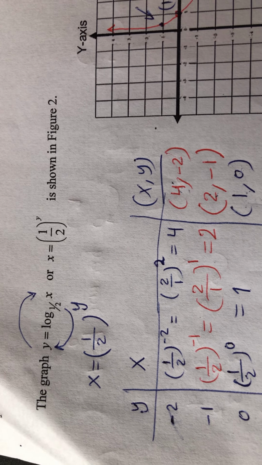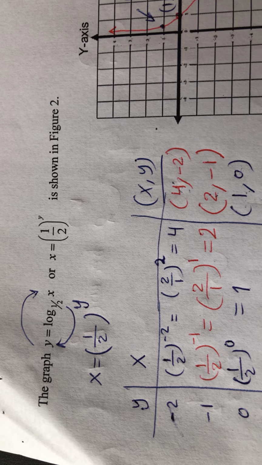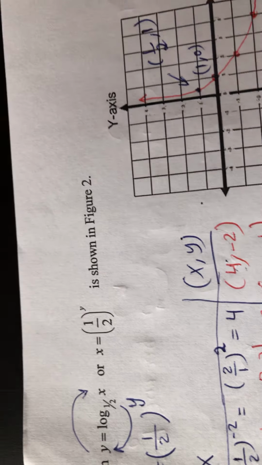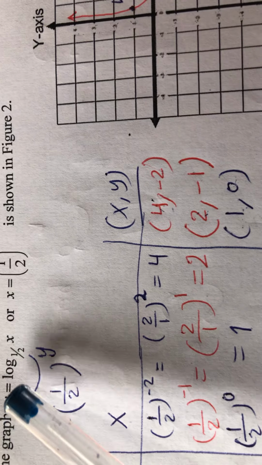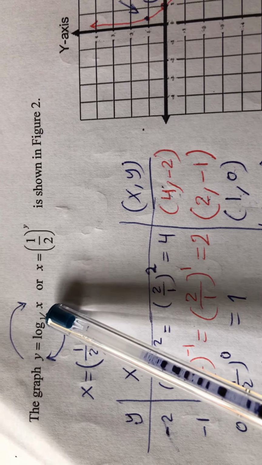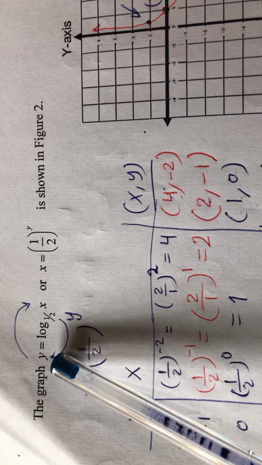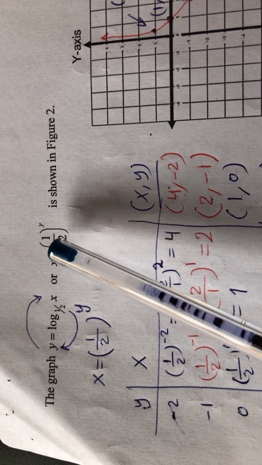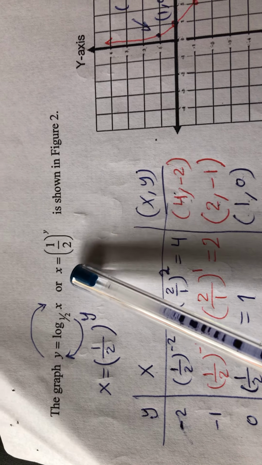To graph this logarithmic function, first convert to exponential. We start from the base, 1/2. So 1/2 to the power y equals x.